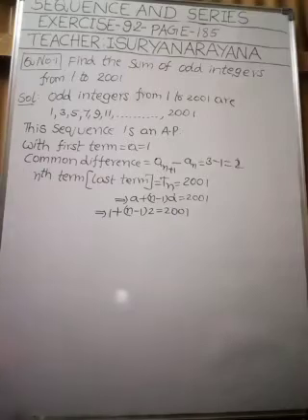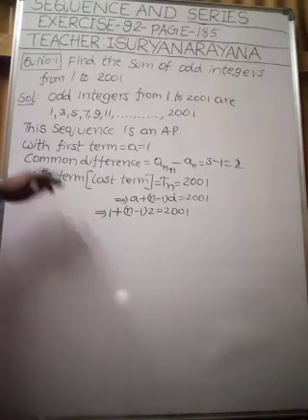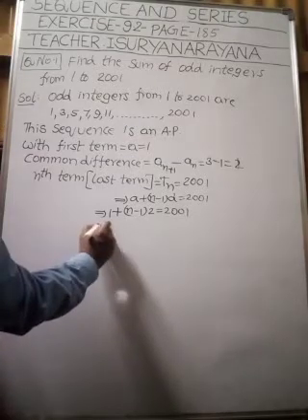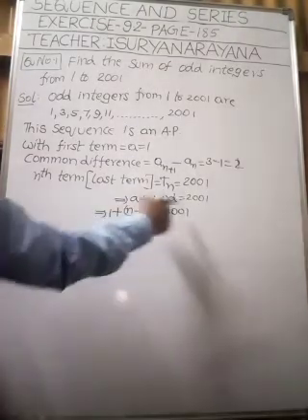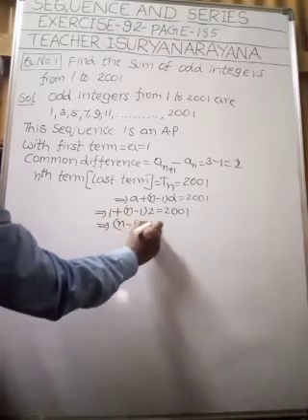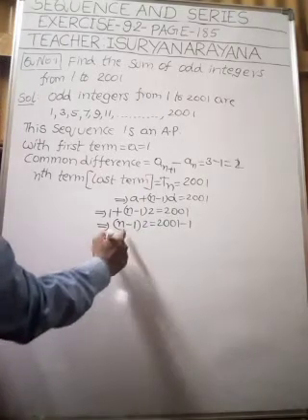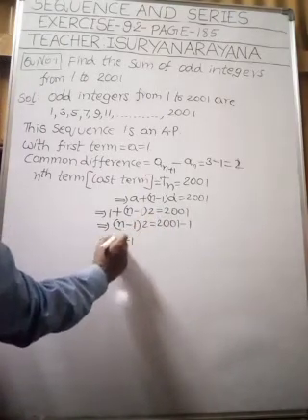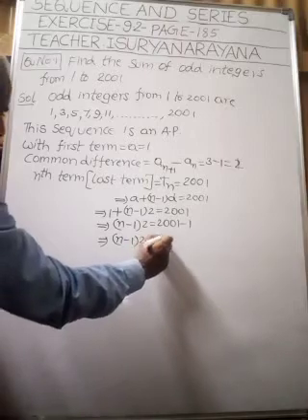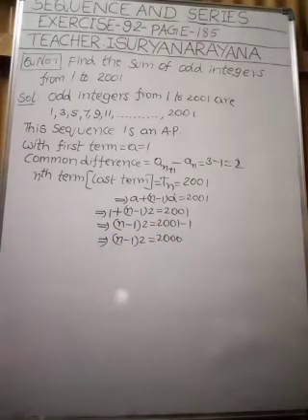Understood this step? From this equation we solve for the value of n. So we transpose this 1 to the RHS. So n minus 1 into 2 is equal to 2001 minus 1. What do you get? 2000.